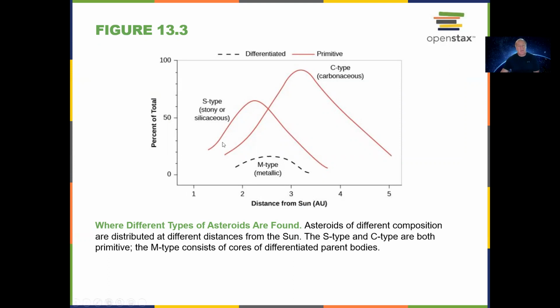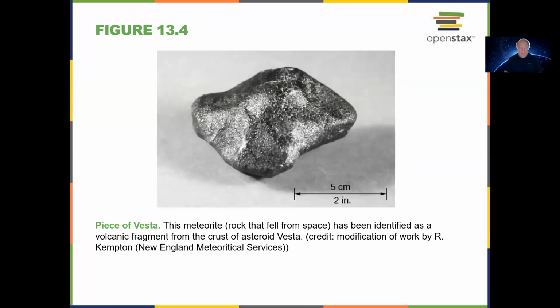So we have the S type, or the stony or siliceous, and we have the C type, or carbonaceous, and the metallic type. So this shows how many there are and their distances from the sun, and how many there are as we move out from the sun.